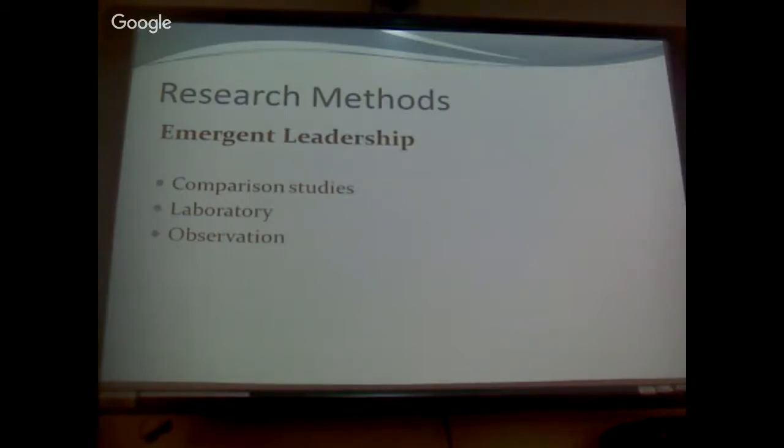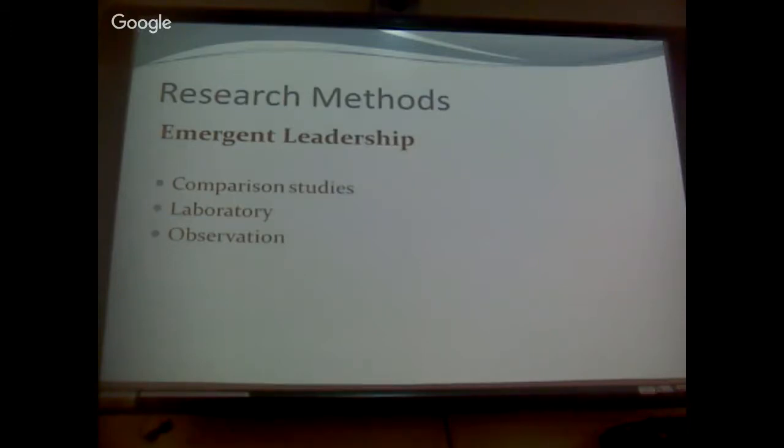Now, laboratories. We can create simulations and situations where we can see who's likely to lead or what's likely to be effective in some situations. With laboratories, you're going to infer that it's true experimental research.